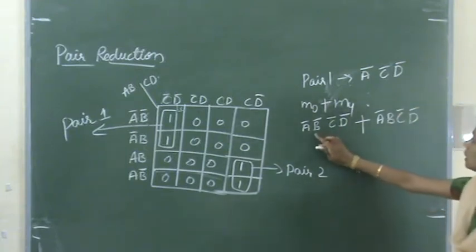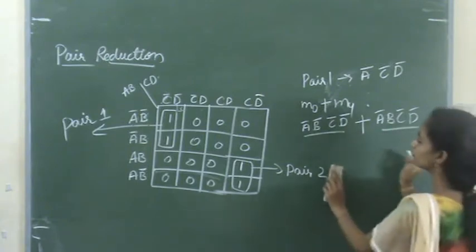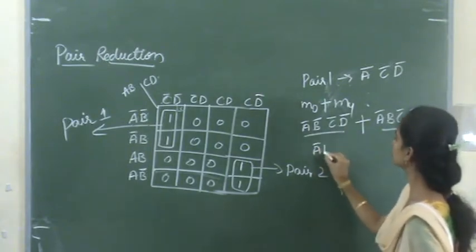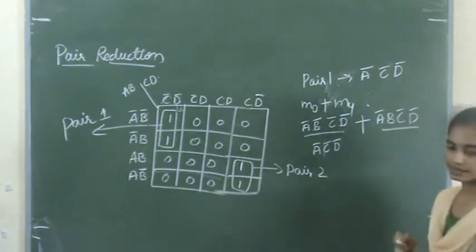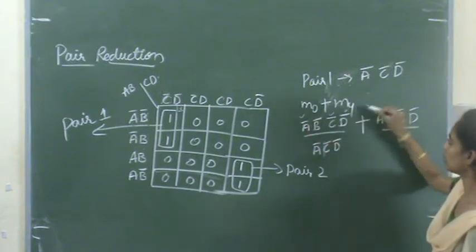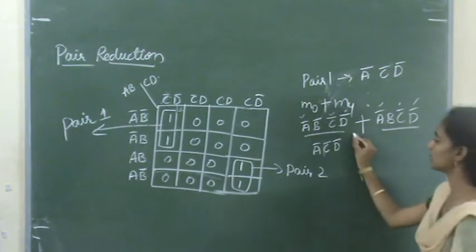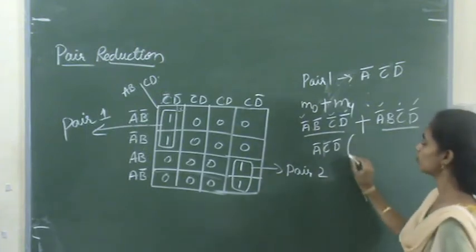So here, in these terms, we have A bar, C bar, D bar as a common factor. See, here also A bar, C bar, D bar is there. I am taking A bar, C bar, D bar as a common factor.